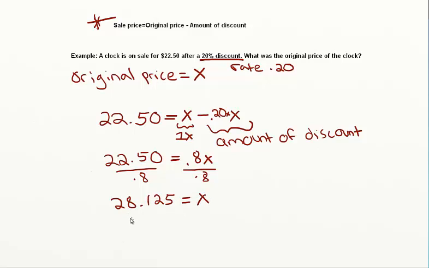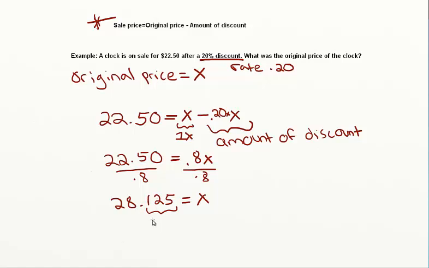Now we need to interpret our answer in terms of dollars because we had the clock on sale for an amount in dollars. So its original price is also going to be an amount in dollars. Now, if you look, we can't have 0.125 cents. That doesn't make sense.